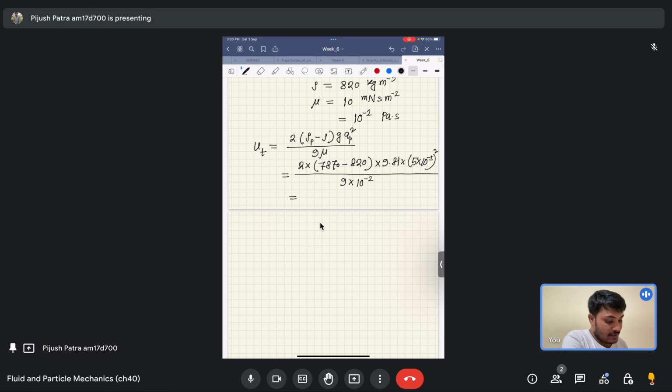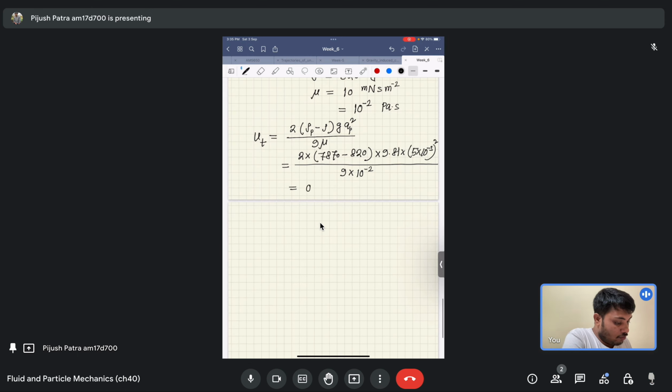So it's coming as 0.00384 meter second inverse.